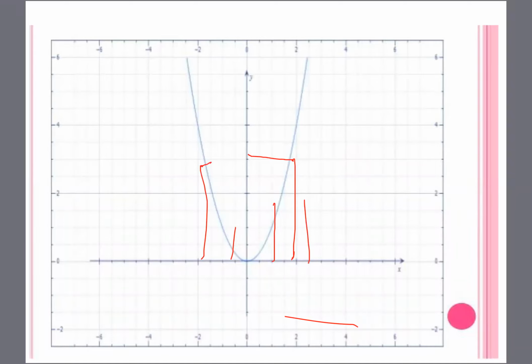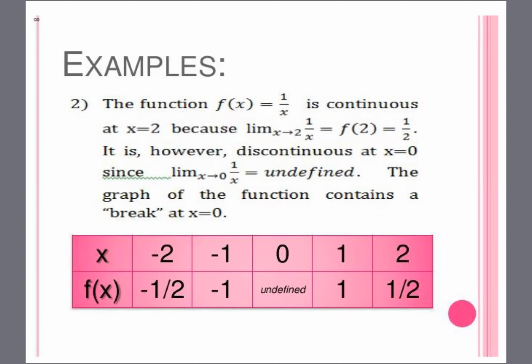And next, one more example. The function is 1 over x. When we substitute different values in that function, when we substitute minus 2 as x, we get minus half, and if it is minus 1, the function value equals minus 1. But when x equals 0, it is undefined, no value.